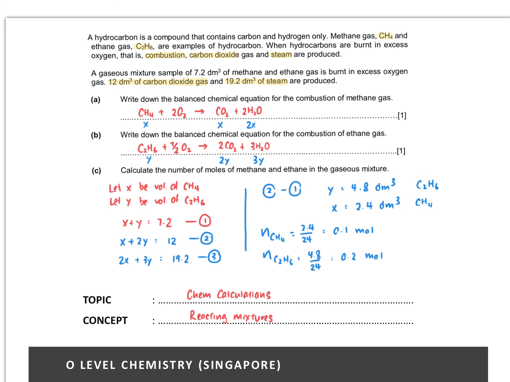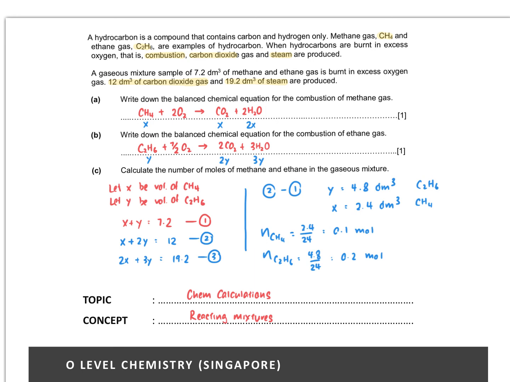Even though the question looks complicated, once you know the approach to solving reacting mixtures, it becomes very, very simple. Lastly, I just want to stress this again. When you encounter a reacting mixture question, always use algebra.